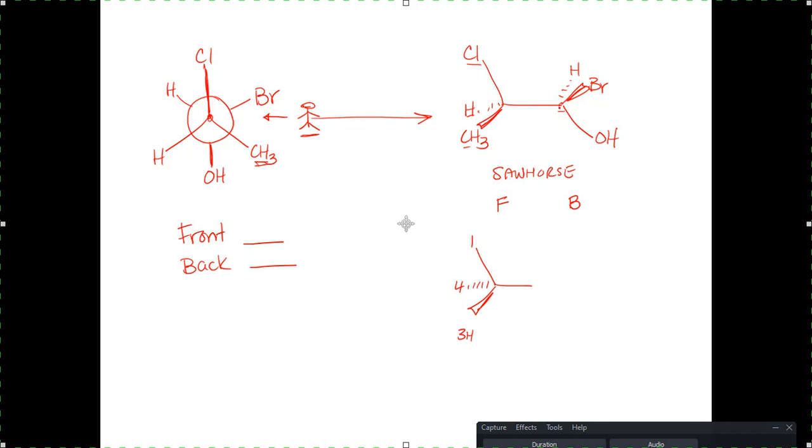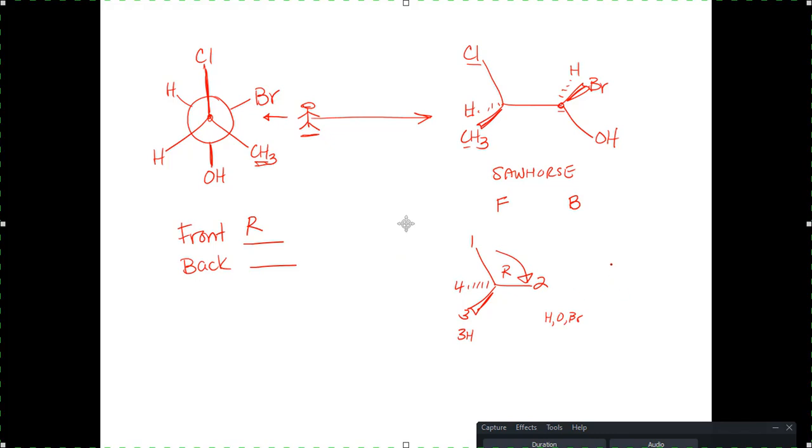What's attached to this carbon over here? More than 3 H's, actually an H, an O, and a Br. Who wins? The bromine. And then the 3 H's is number 3. So now 4 is pointing away from me, so going from 1 to 2 to 3 is clockwise. And so the front carbon has the R configuration.